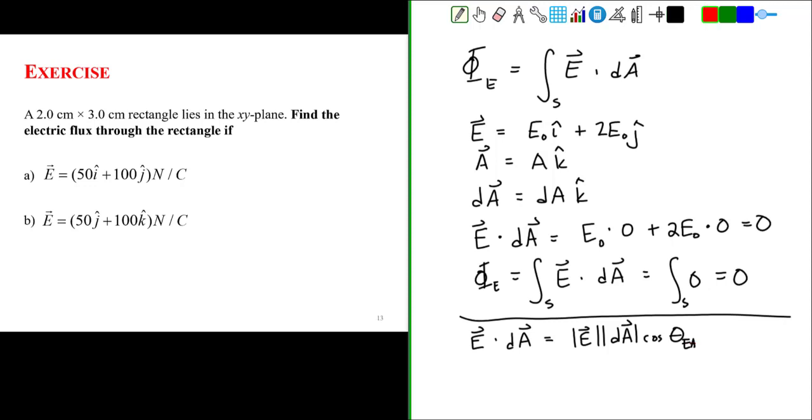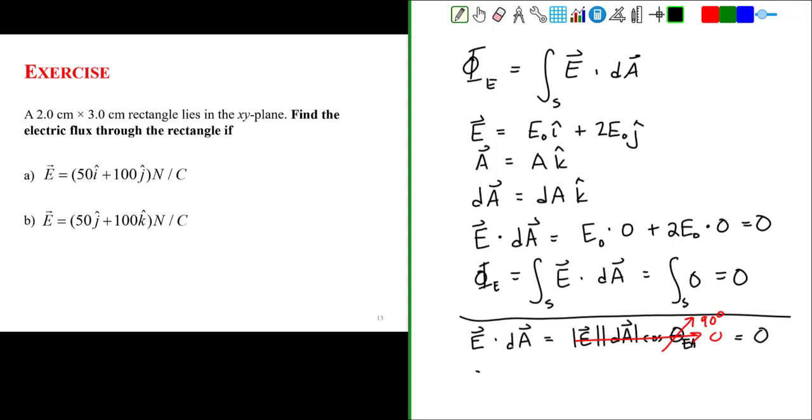We know that the angle between the electric field and the area vector is 90 degrees. Because the angle is 90 degrees, we know that the cosine of 90 degrees is equal to 0. Therefore, that product of the electric field and the area differential is equal to 0.